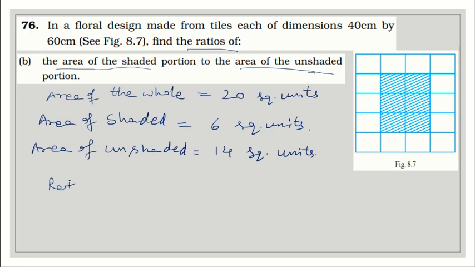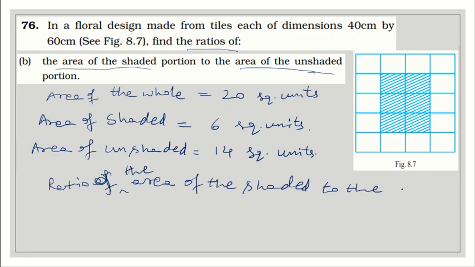So ratio of the area of the shaded to the unshaded becomes 6:14. It implies 3:7. So this is the answer.